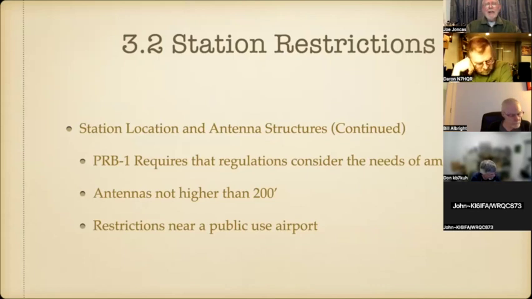And what it requires is that regulations consider the needs of an amateur. In other words, if you are in an HOA, homeowners association, they cannot just tell you, no, you cannot have an antenna. They have to take into consideration reasonable antenna locations so that you can put one up. And it has created lots of fights.